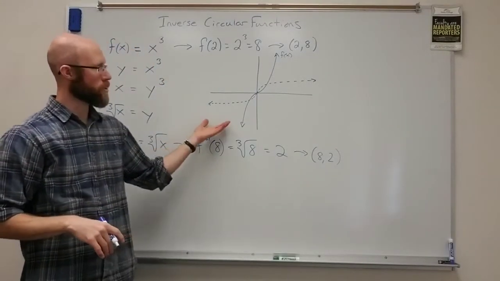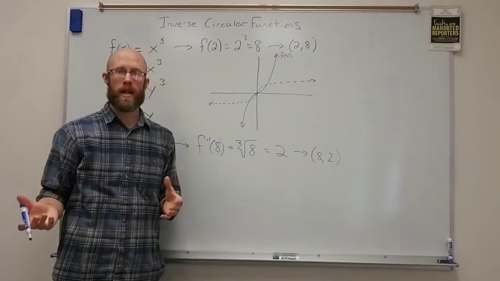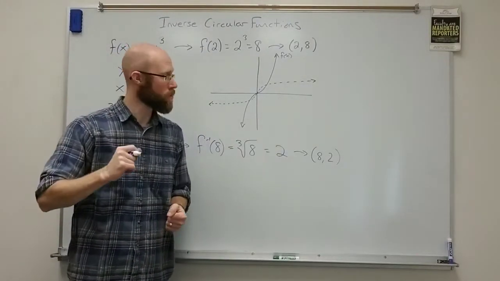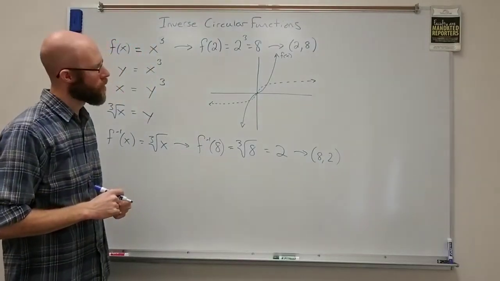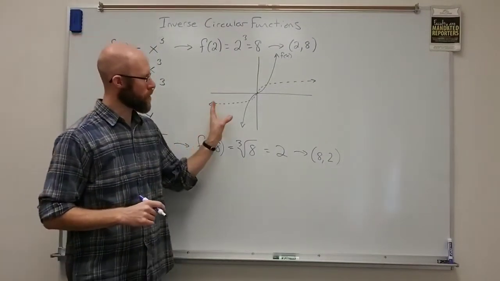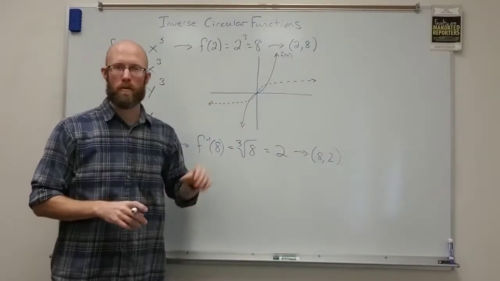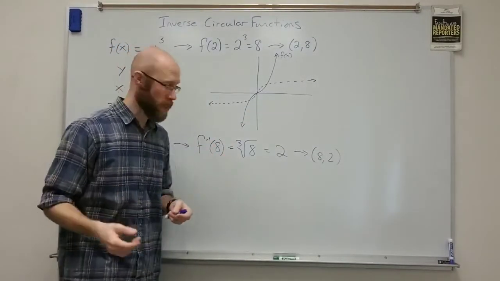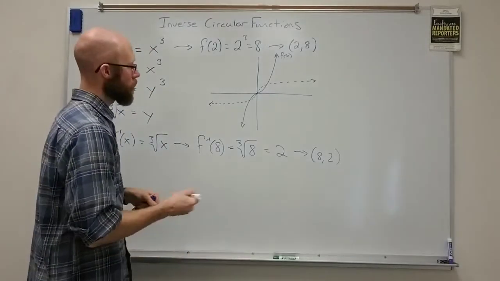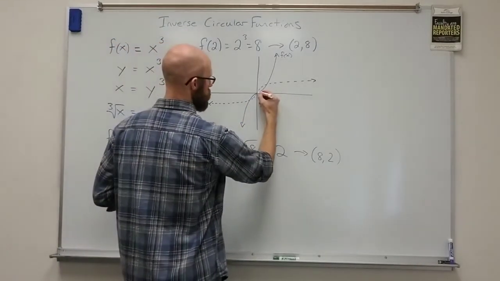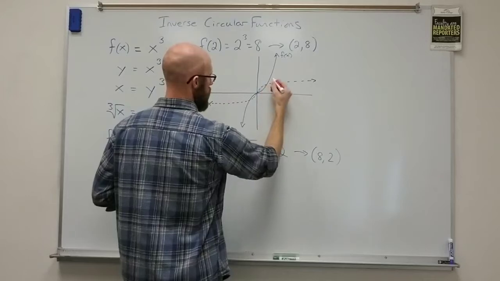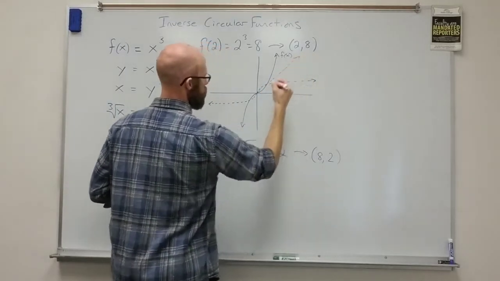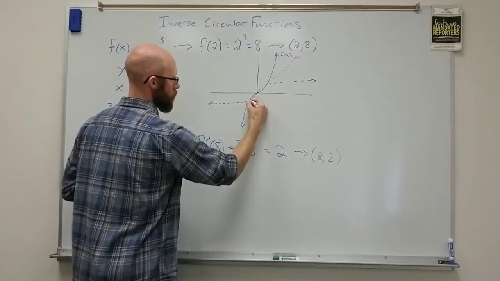Both of these functions have all real number domains and all real number ranges. They extend indefinitely in both directions. But what's really interesting is you can see sort of a mirroring image between them. In fact, the mirror, or the symmetry line, is the line y equals x. It's the line that runs on a 45-degree angle through the first and third quadrants.